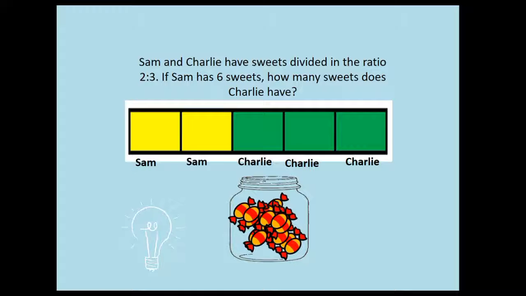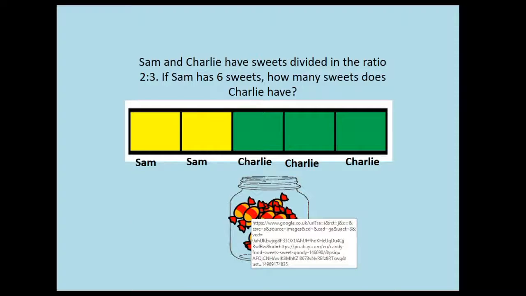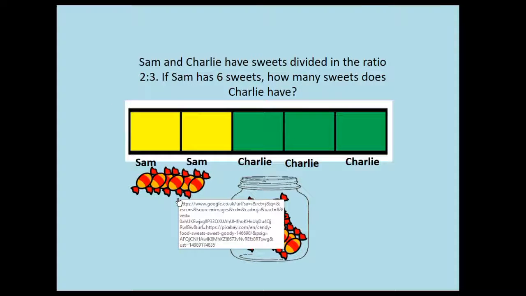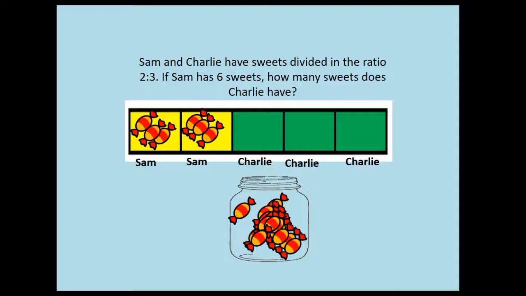Discuss with your partner what would you do next with the sweets in the tin and the bar. Because Sam has 6 sweets, I am going to equally divide the sweets, so they are going to be in 2 bars. That means 3 sweets go in the first bar, 3 sweets in the second.